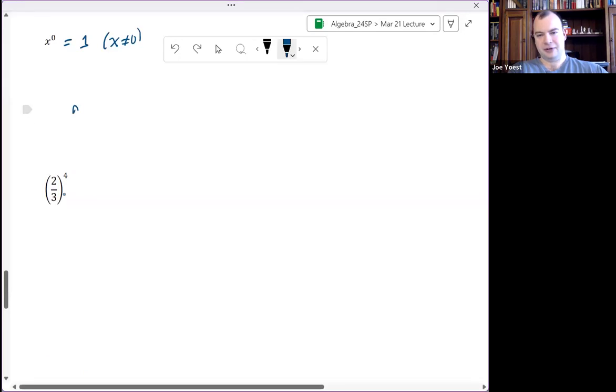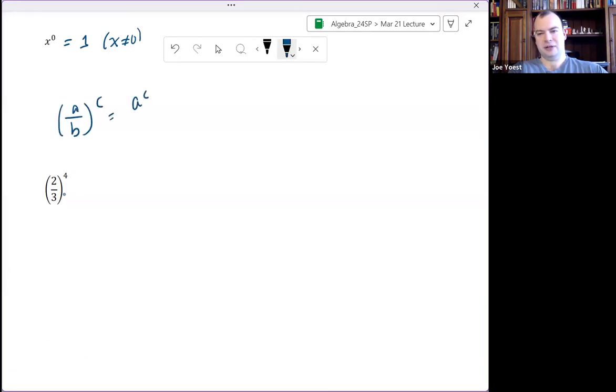If I have a over b to the c power, this is a to the c over b to the c. Why is that? Well, I could think of 2/3 to the 4th as 2/3 multiplied by 2/3 3 more times.